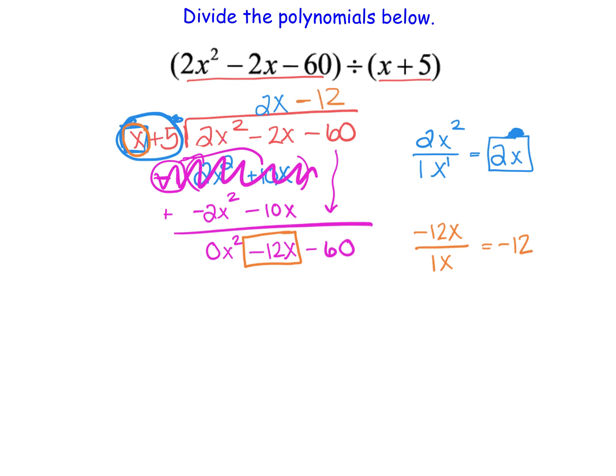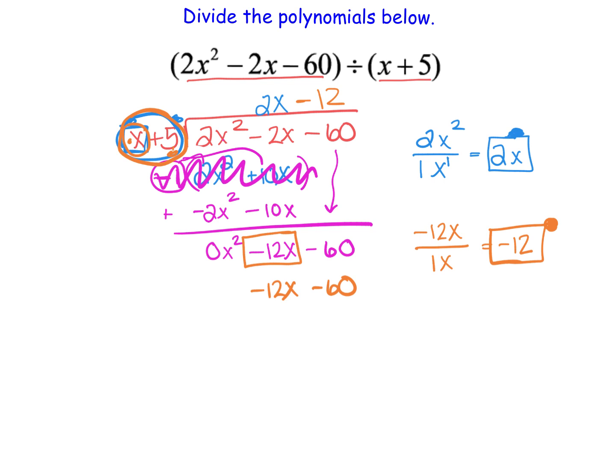And so now this second piece of my answer, what I'm going to do is take negative 12 and multiply it by both x and 5. So I take negative 12 times x, which is a negative 12x. And then I take negative 12 times 5, which is a negative 60.